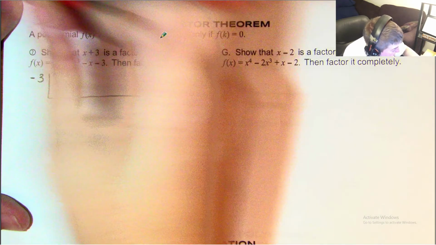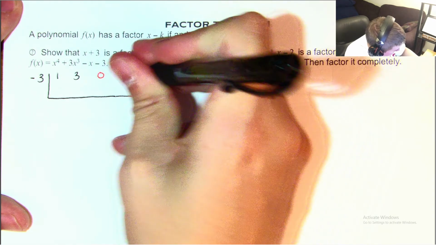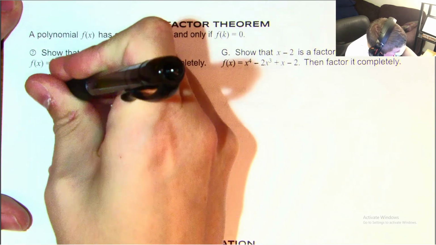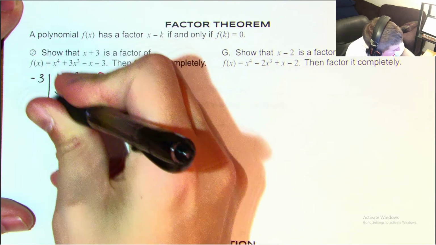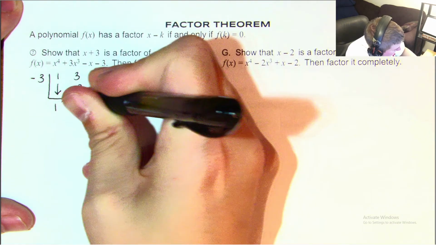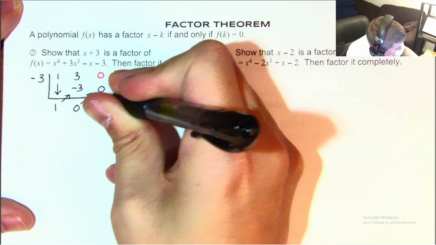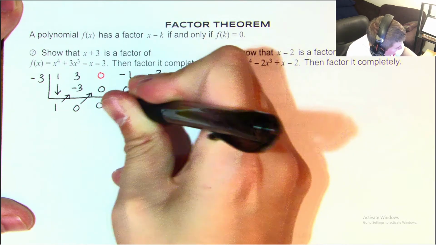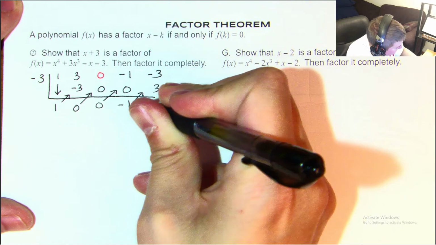I'm missing the x squared term, so I got to put a 0. Bring that down, and we get 1. Then negative 3 times 1 is negative 3. That's 0. And then that is also 0. This is negative 1. Negative 3 times negative 1 is 3. So we get 0.